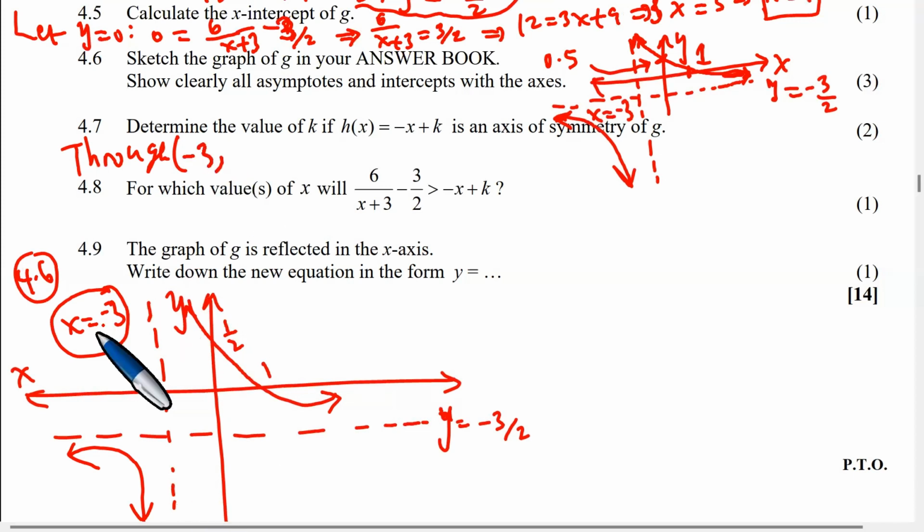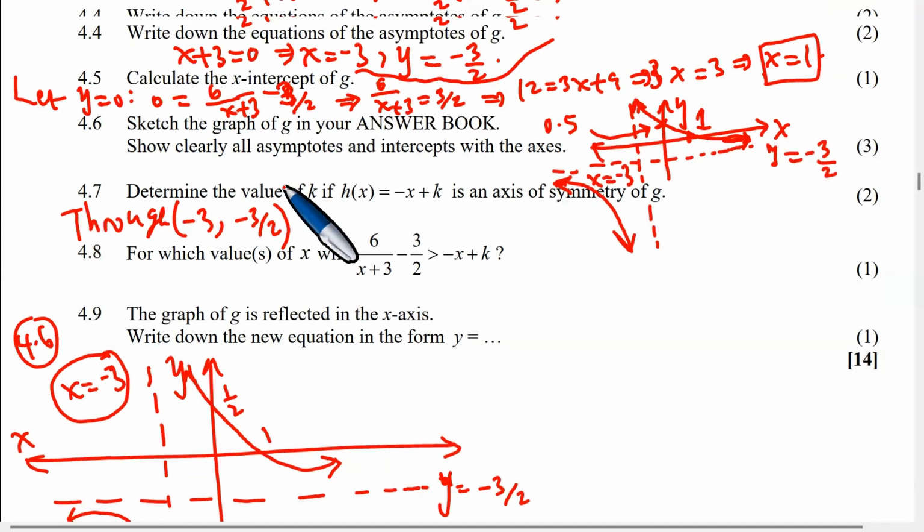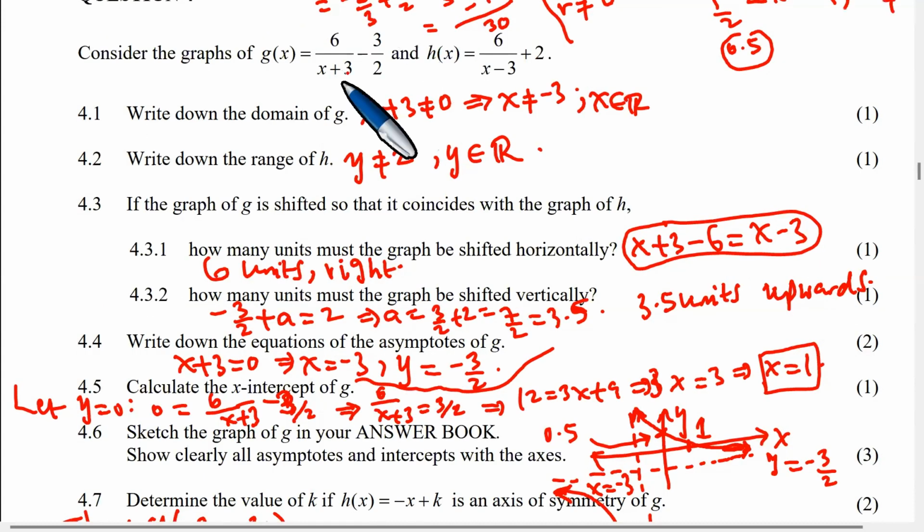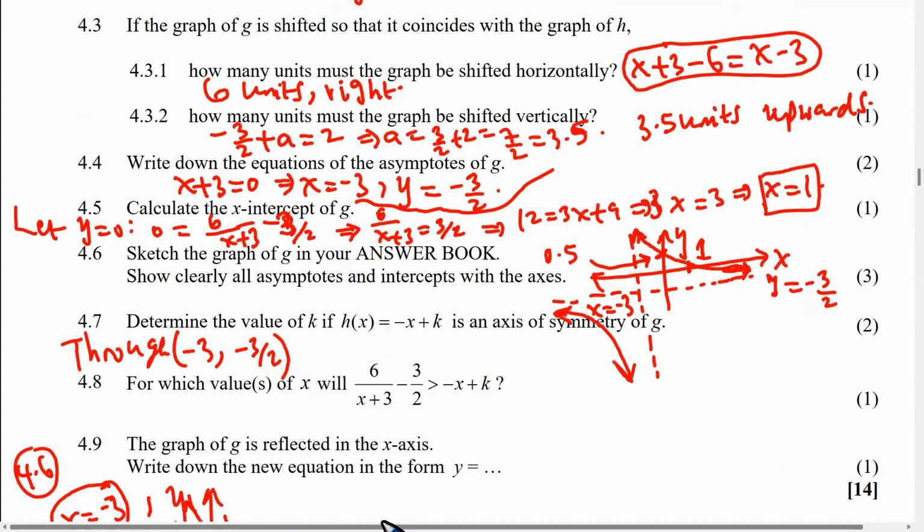So X for the asymptote is minus 3, and Y is minus 3/2. For the asymptotes, you just take the numbers. What numbers do you take? You take Y as it is, and you take the negative of X. Here, you make this equal to 0, so X is minus 3, and you take the minus 3/2.